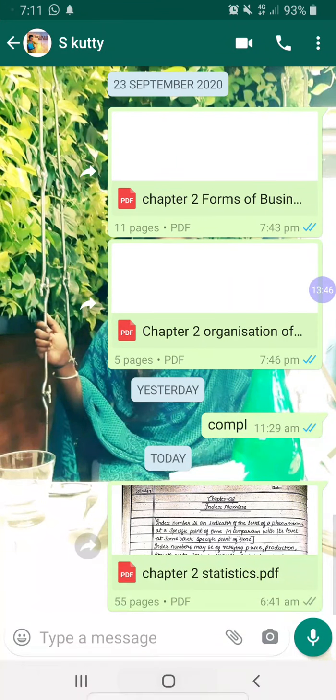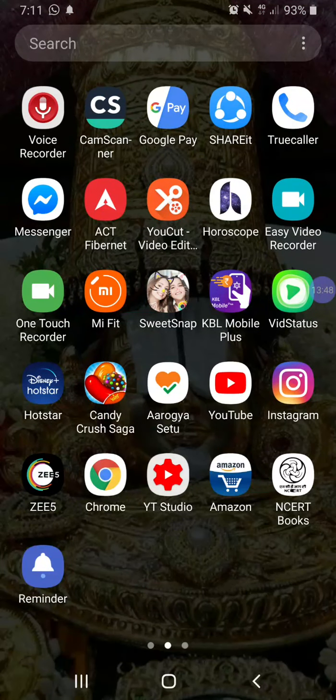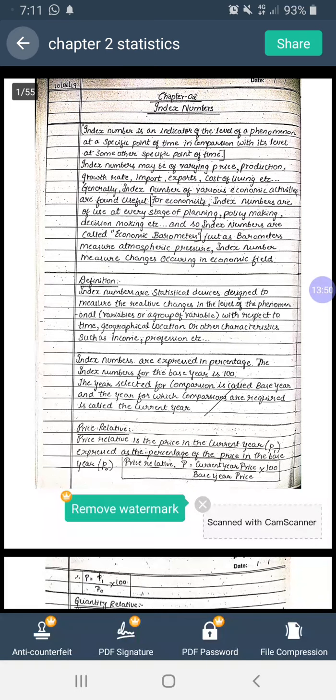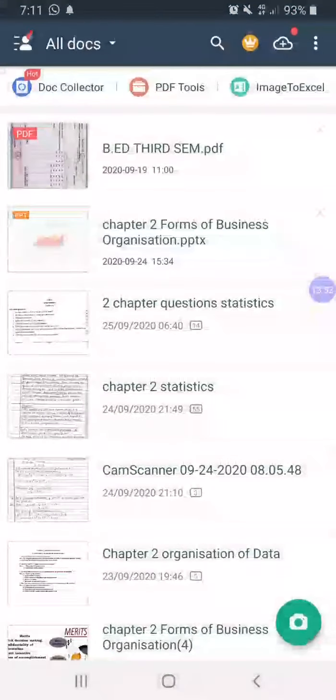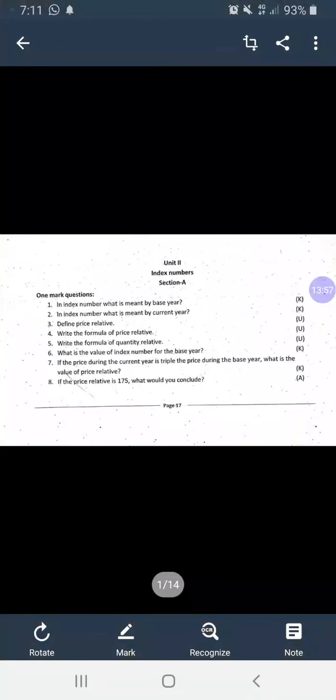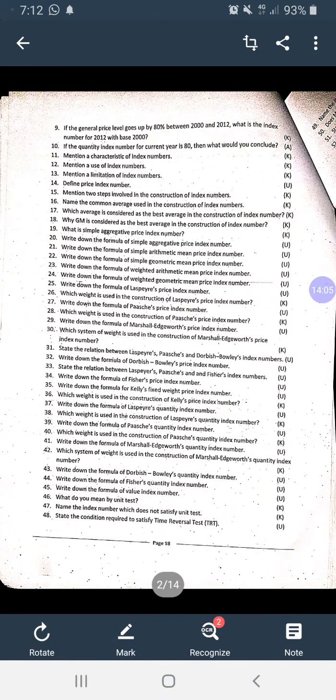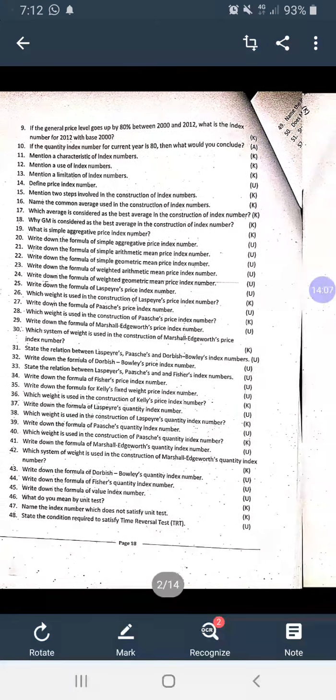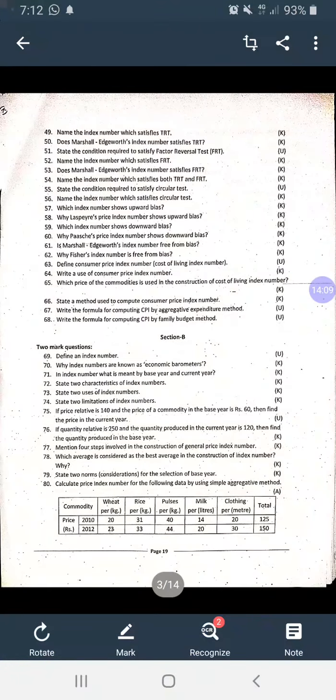Then we have here, yeah, possible questions I will show you. See, these are the possible 1 mark questions in your second chapter. Even these notes I'll be sharing with you. You just read these questions, okay, and try taking the answers from your textbooks, because in the notes I've not given so many question answers, okay.